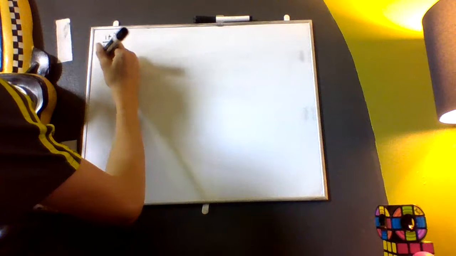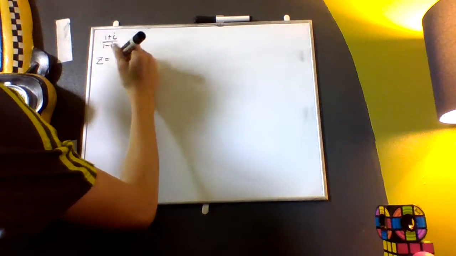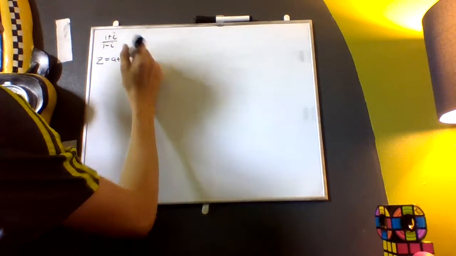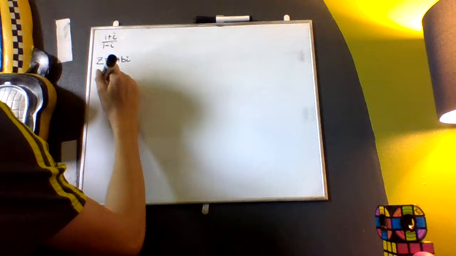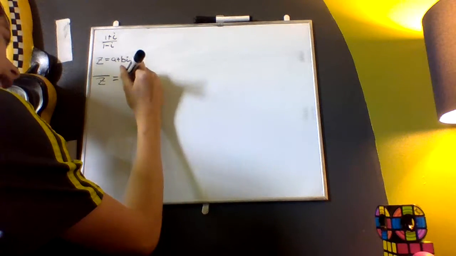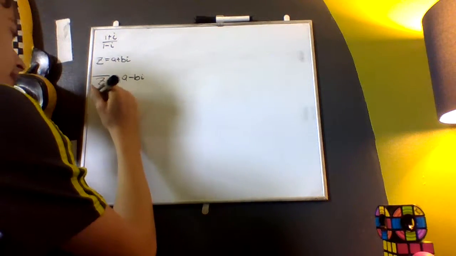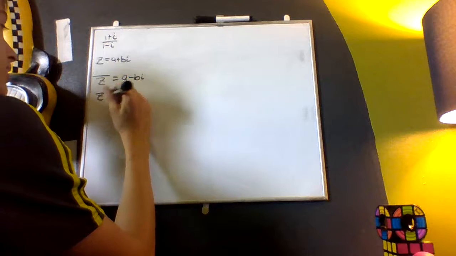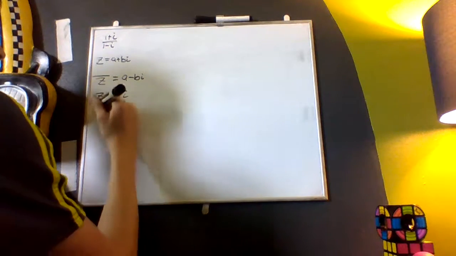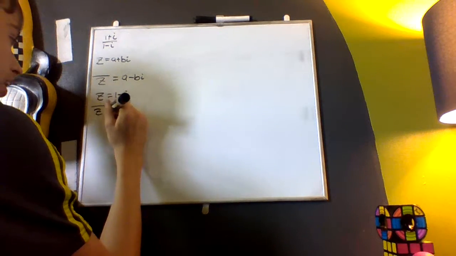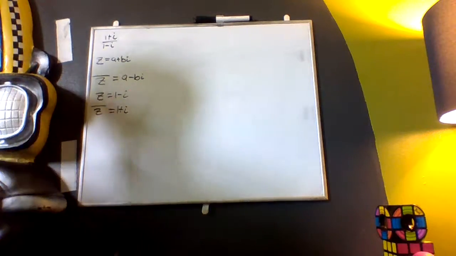If z, it's a variable, z is some a plus bi, it's a complex number, then we say z bar, we put a little bar above it. It's going to be a minus bi. Basically meaning if z is 1 minus i, then z bar is 1 plus i.